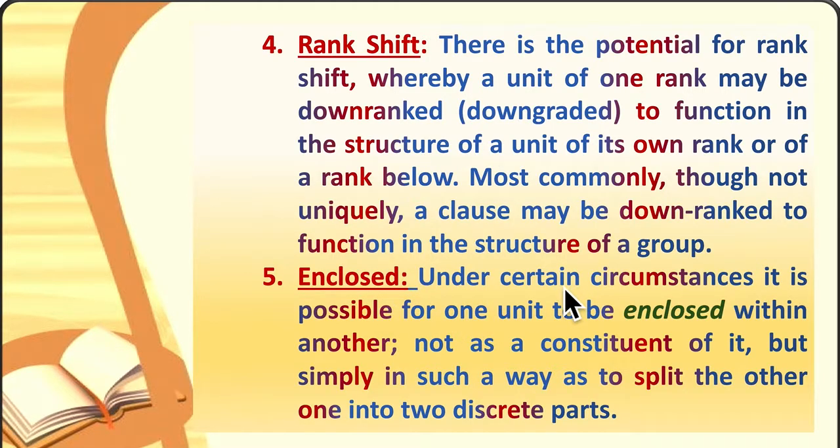Enclosed means likely to be covered, likely to be surrounded. So in certain circumstances, not normally, it is possible for one unit to be enclosed within another, meaning one constituency is overlapping the other constituency.